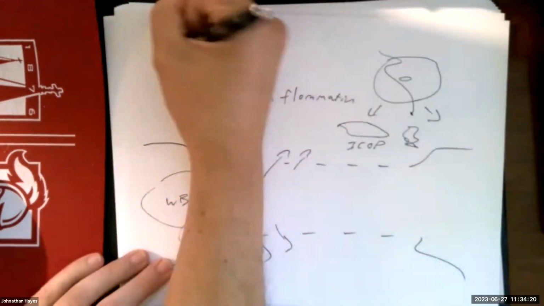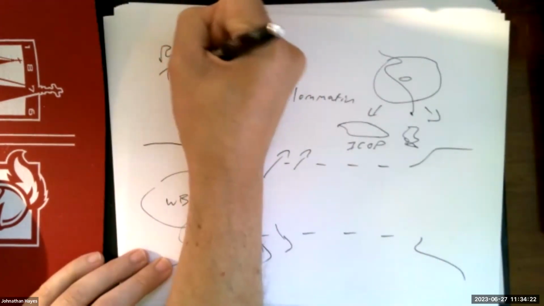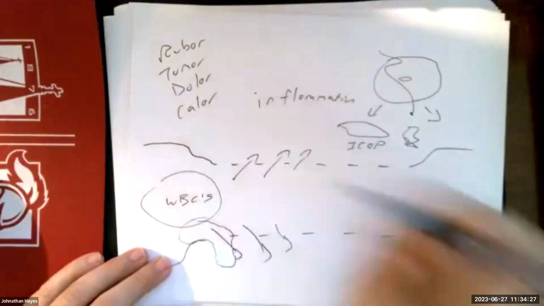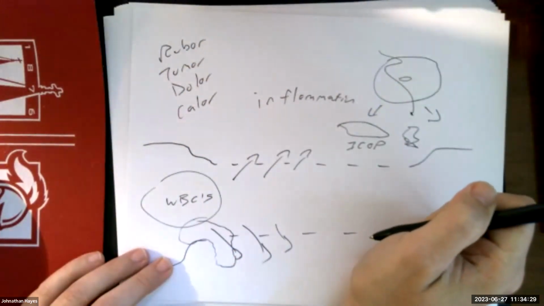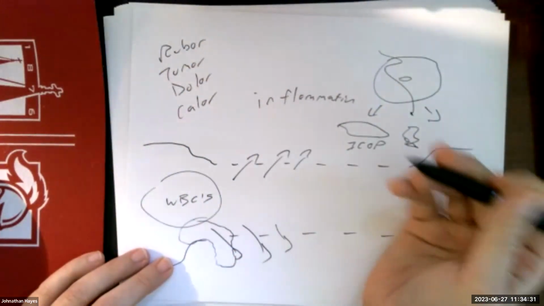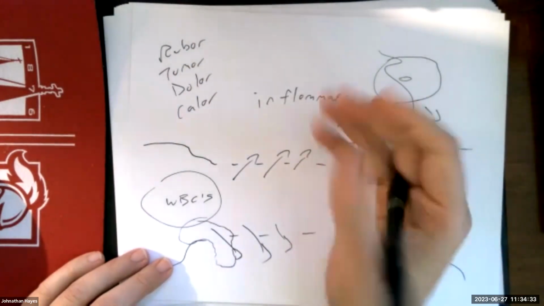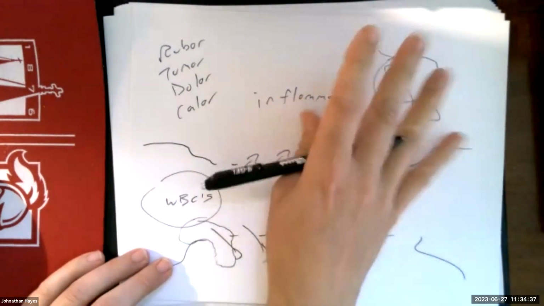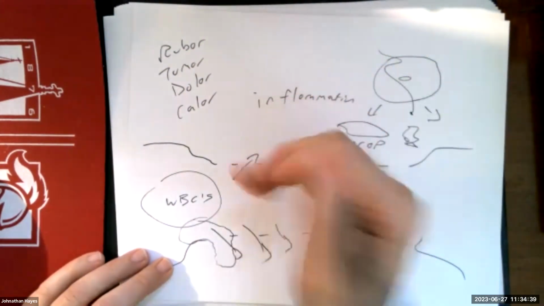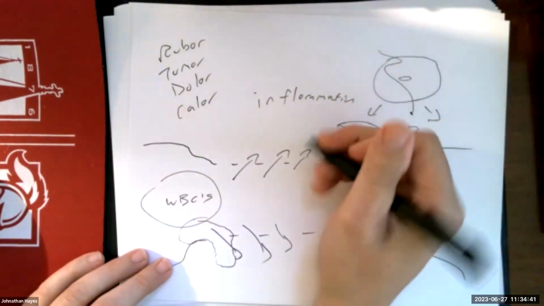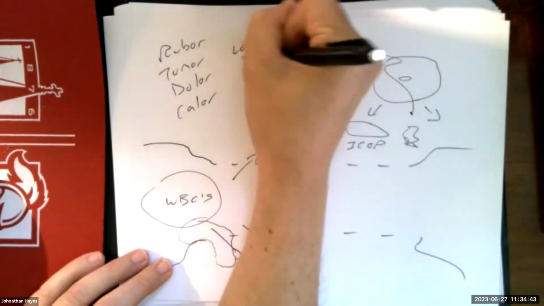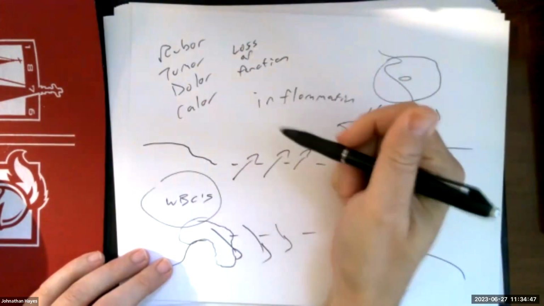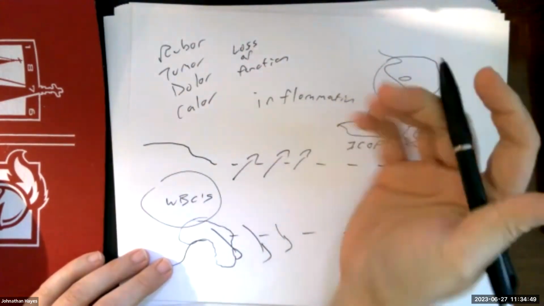Usually you get the rubor, tumor, dolor, and calor because of that, right? But as long as it's within reason, it's not such a bad thing. We kind of leave it alone for a little while, unless it becomes too extreme, because you can get a loss of function if it becomes too extreme, and that's usually associated with things like compartment syndrome, or it can just be very painful.